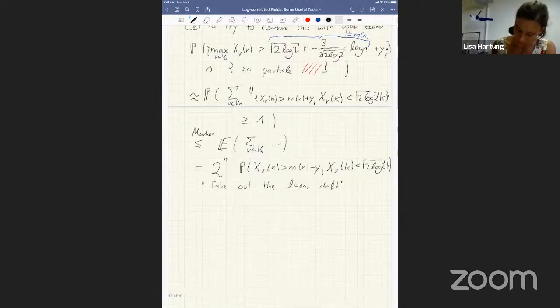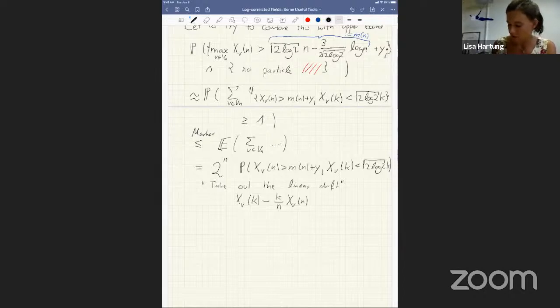And well, one way to do this is that you replace this X_v of k. You split this, you look at X_v of k, and then you subtract k over n times X_v of n.